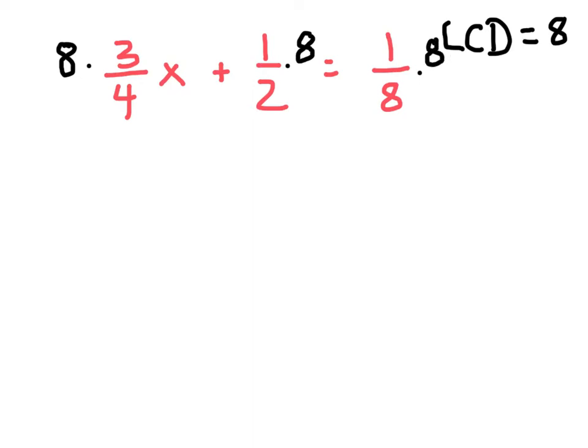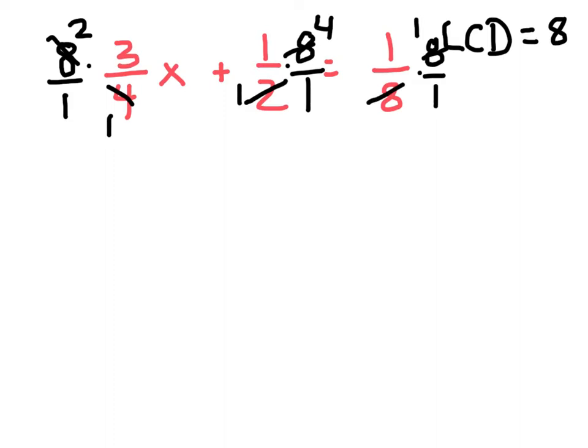Now, when I multiply by 8, it's really 8 over 1, right? So 8 over 1 times 3 over 4x, the 8 and 4 will cancel, and I'll get a 2 there. And then here 2 and 8 will cancel. I'll get a 4 where the 8 was. And here the 8's both cancel and make 1s. So let's simplify what we have.